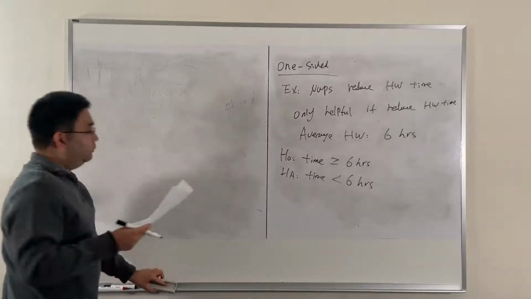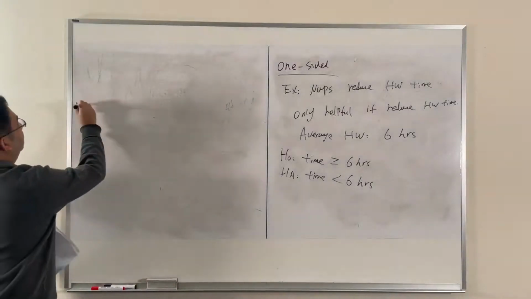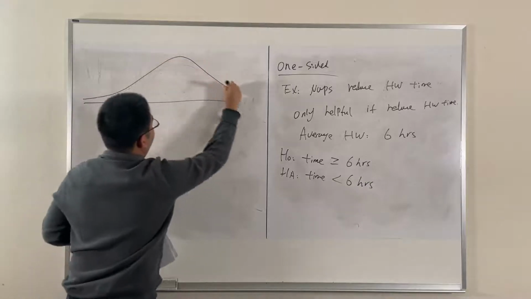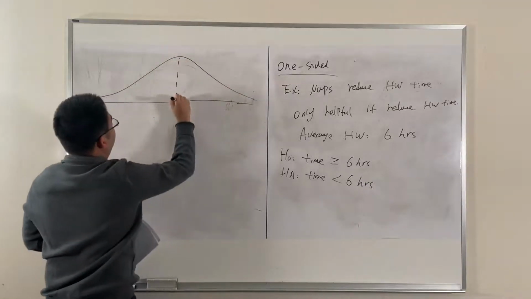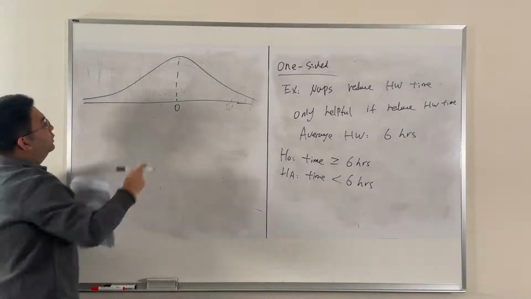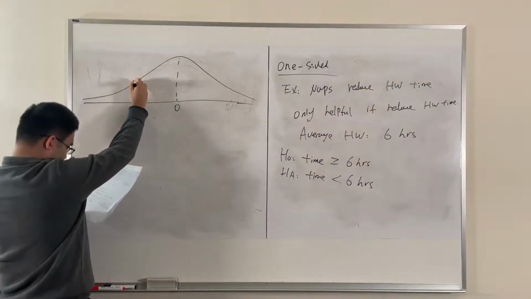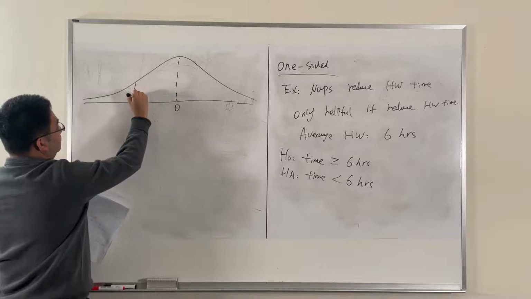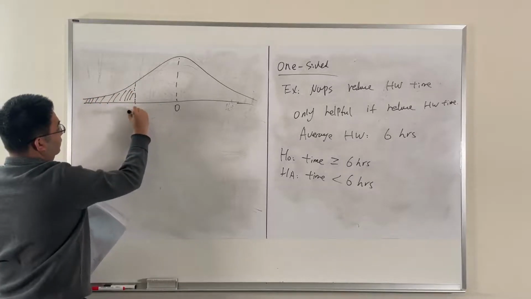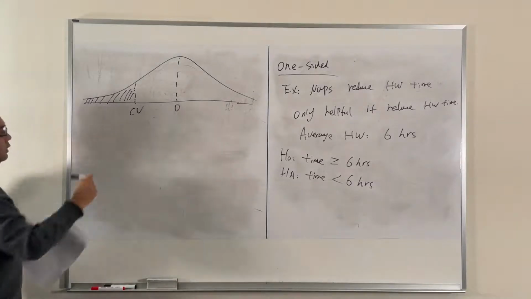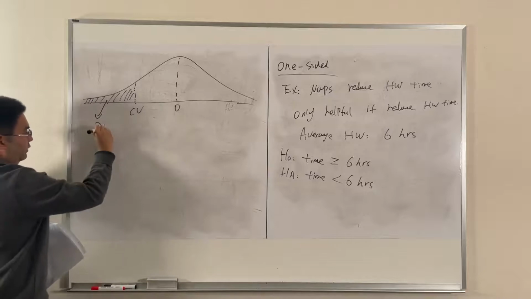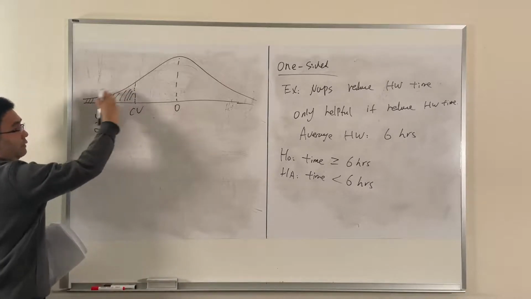Okay, and again, let's see from the standardized normal. So if you see it from the standardized normal, then only when it's less, say the critical value is here, so it's only when it's less that you reject your null, so your alpha is only the left-hand side.